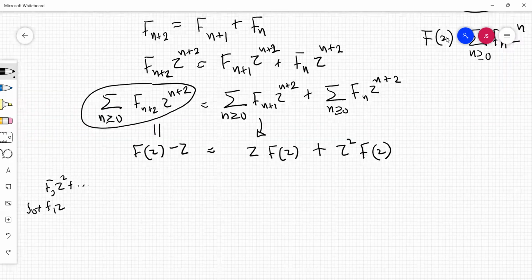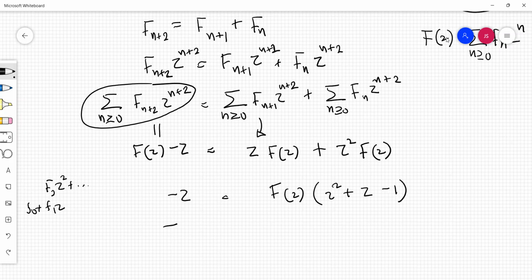Now you can take that F of Z out. Then you get minus Z, Z squared, plus Z, minus 1.